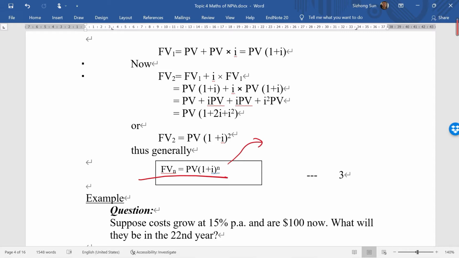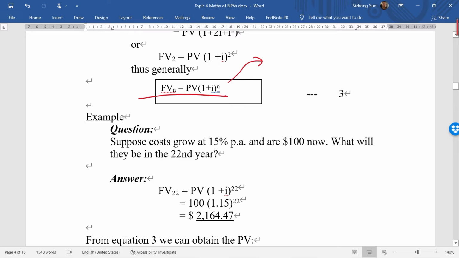The bank pays you an interest rate i, or 5%, you leave it there for n years, and after n years you get future value n dollars back. A key feature here is that every year you leave the interest payment in the bank, so the interest payment generates additional interest payment, and we call this compounding.